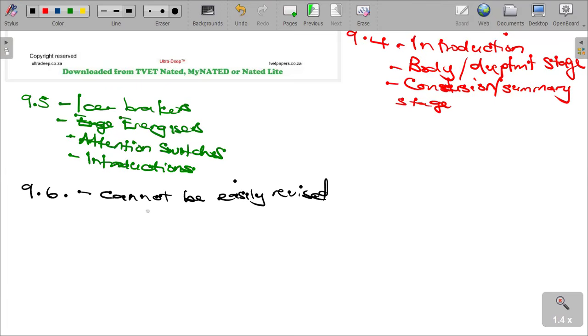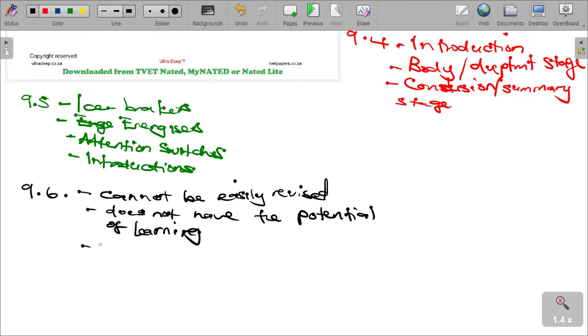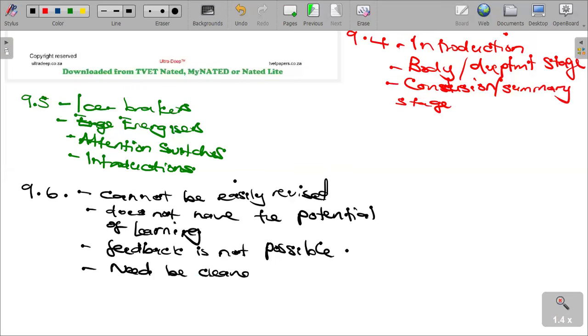And also, it does not have the potential of learning. Third, you can find that feedback is not possible. And also they need to be cleaned and maintained.